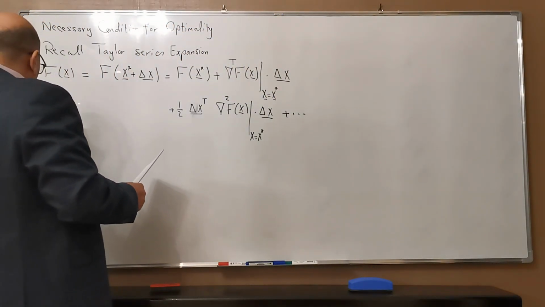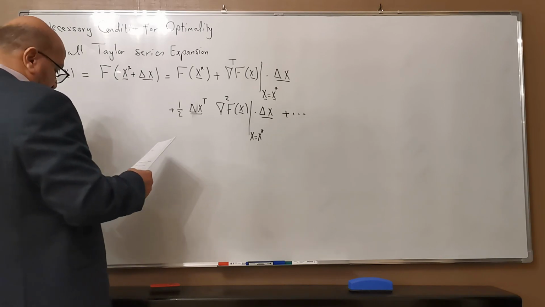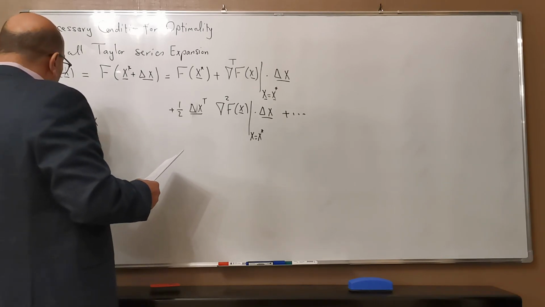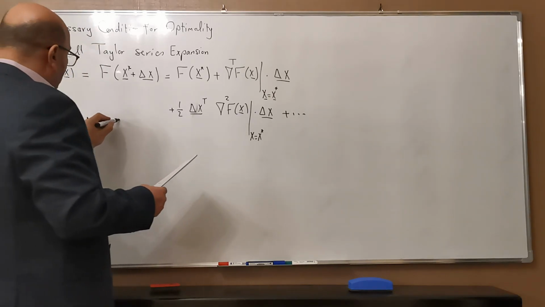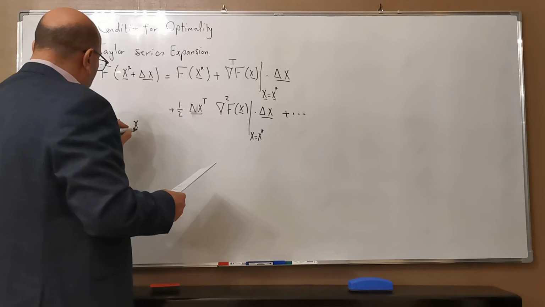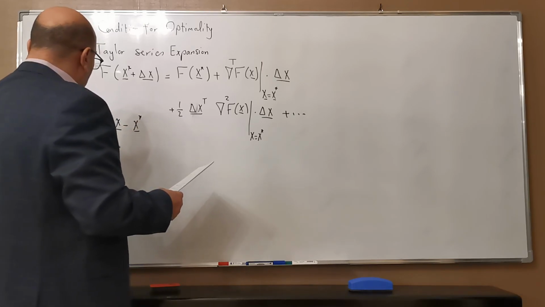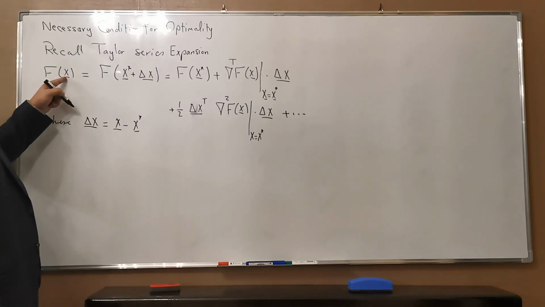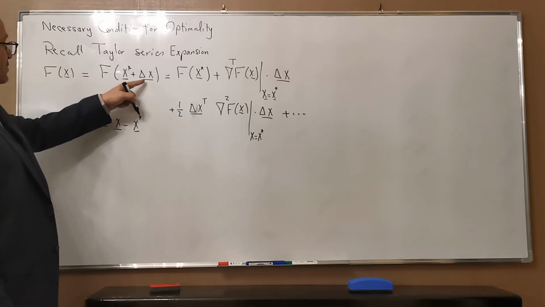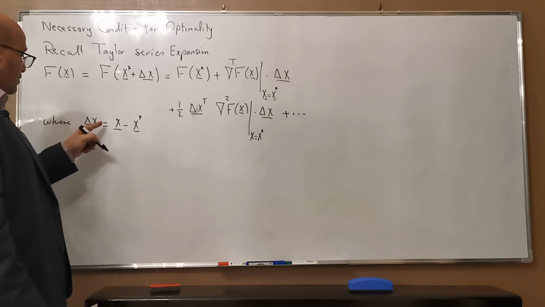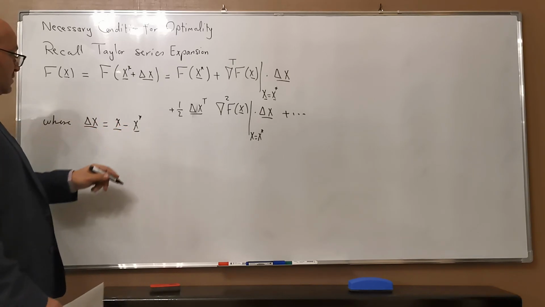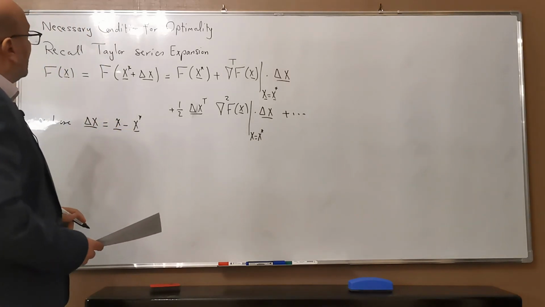And here we have delta x is equal to x minus x star. So the evaluation of x is this one, x star plus delta x equals x. So delta x is equal to x minus x star.